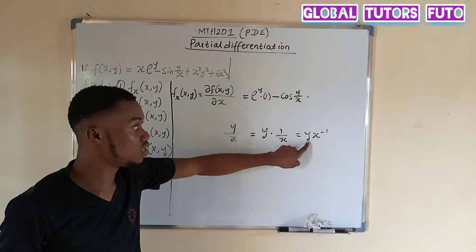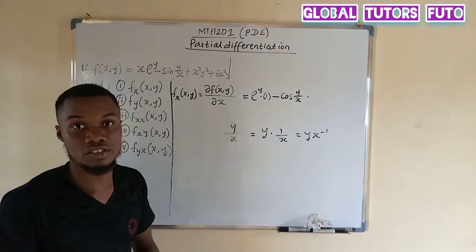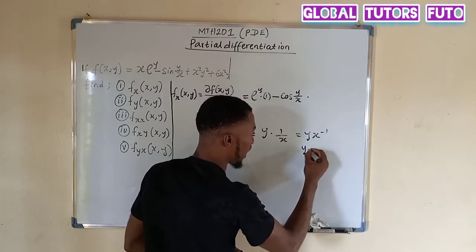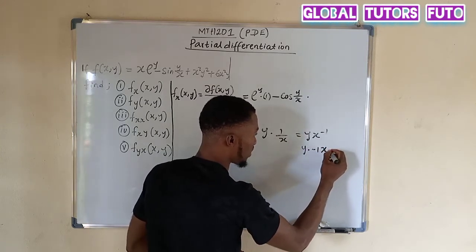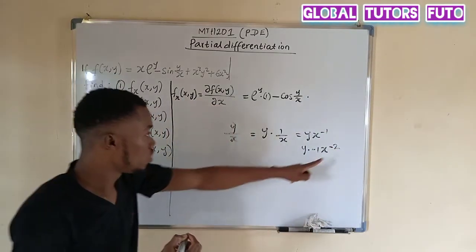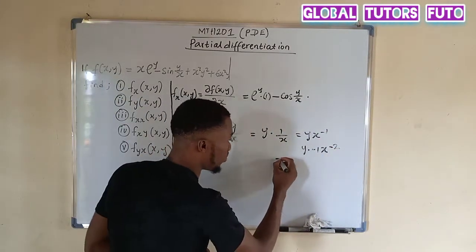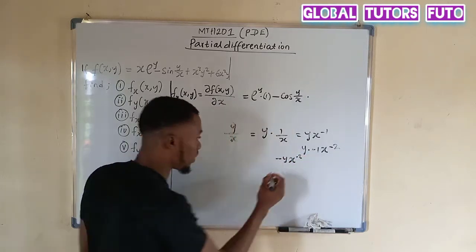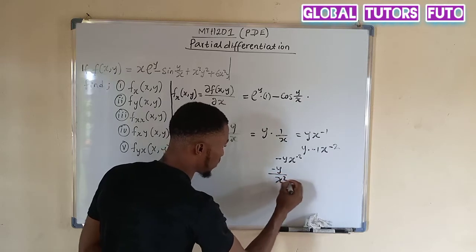This one is a constant, so it will remain. I will differentiate x to negative 1, so I will have y times minus 1 x raised to power minus 2. So this now turns to minus y x raised to power negative 2, which is the same as minus y over x squared.